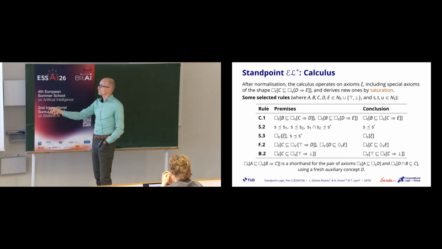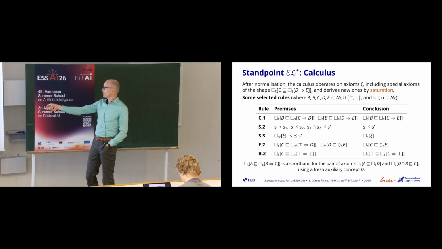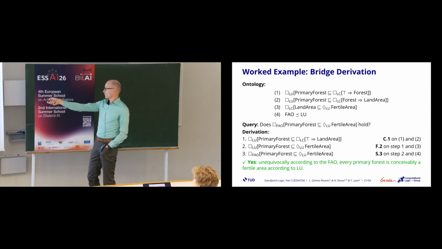So that was rule F2, saying that if we have a D here, and D is subsumed by diamond SE, then we can replace this whole thing by diamond SE. And this is what we do here. We replace this whole thing, which is subsumed by diamond LU fertile area.